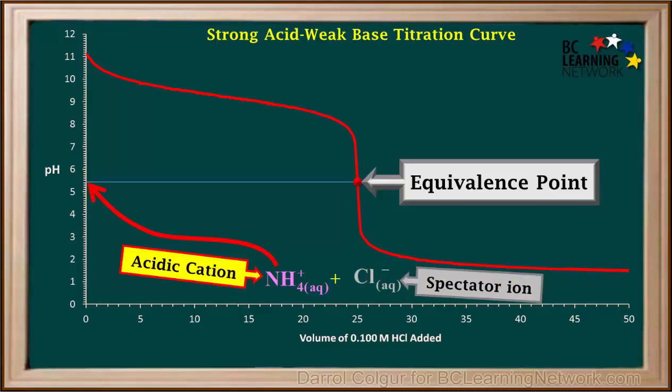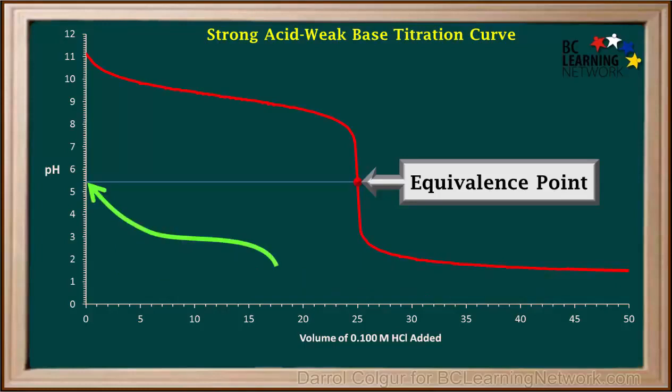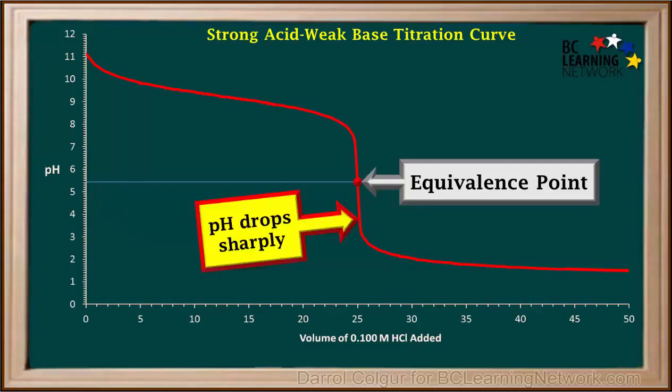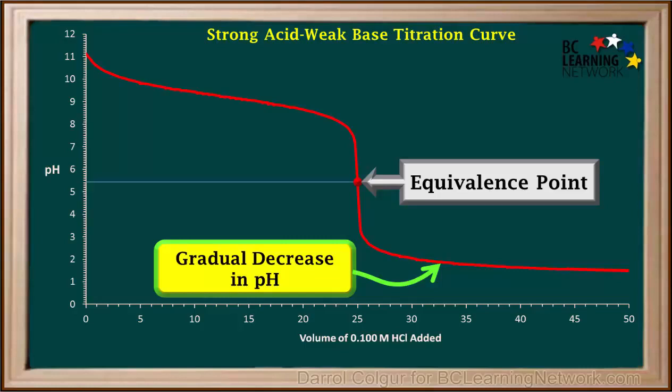The solution at the equivalence point of a strong acid weak base titration is always slightly acidic, with a pH somewhere below 7. The actual pH at the equivalence point depends on the strength of the base and the concentrations of the reactants. Right after the equivalence point, the pH drops sharply for a short time, then shows a gradual decrease until the total volume of 50 milliliters of acid is added.